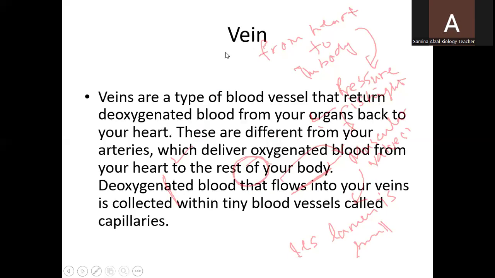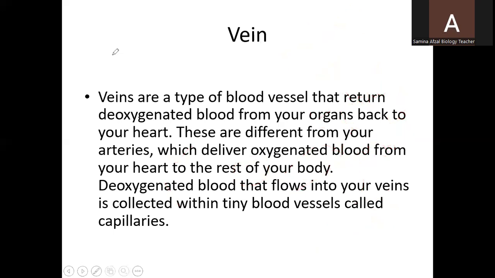In the next slide, we will discuss the vein or veins. Veins are the type of blood vessels which take the blood towards the heart because they carry deoxygenated blood. Veins collect the blood from different organs and take them towards the heart for oxygenation.